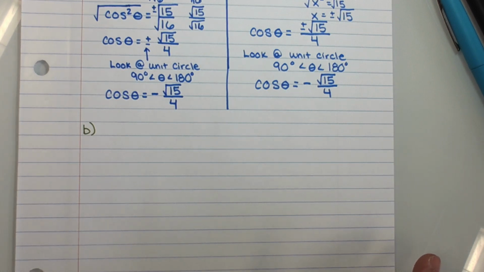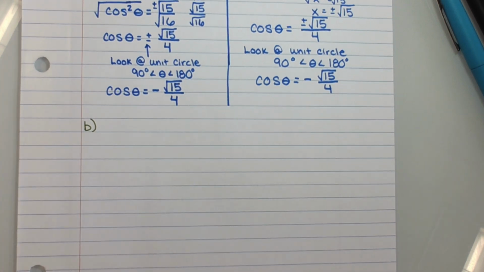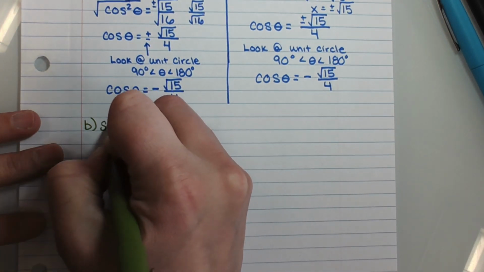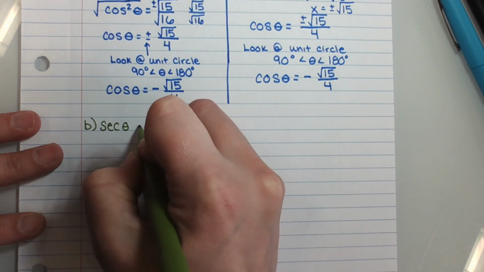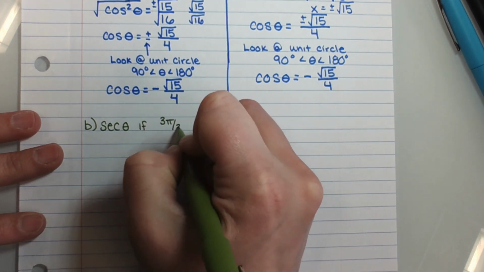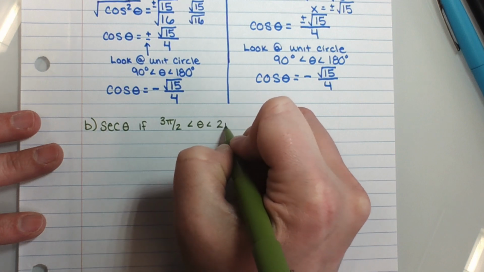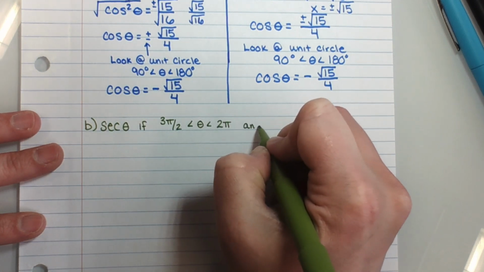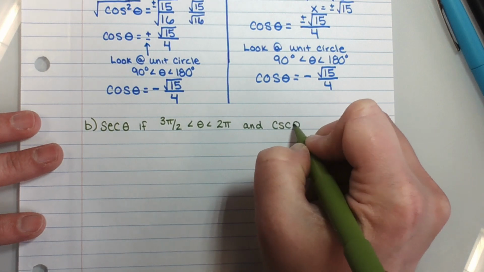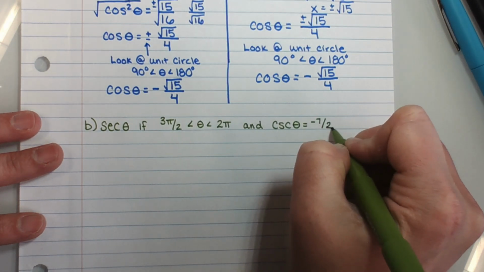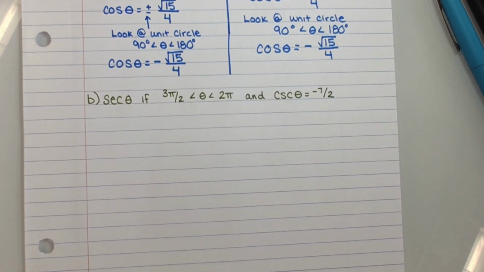Now, here is a big advantage for way number 2, though. A huge advantage for the second option is when I ask for something like secant theta, given cosecant theta. There's not a direct relationship between secant and cosecant in the Pythagorean identities.